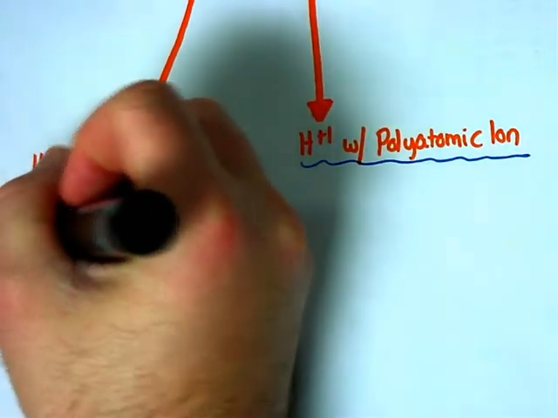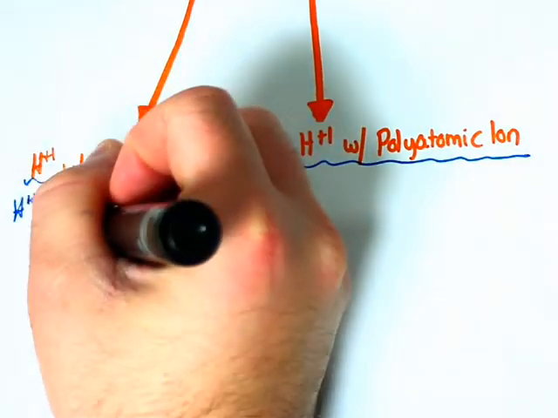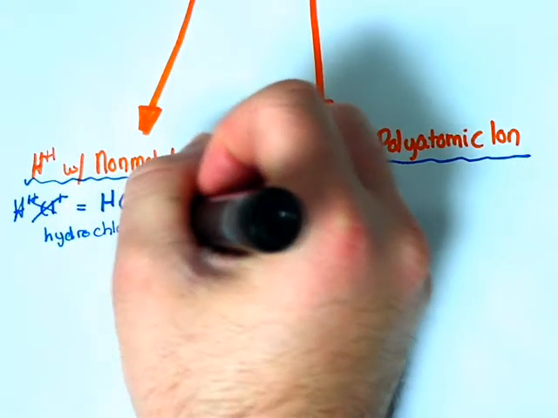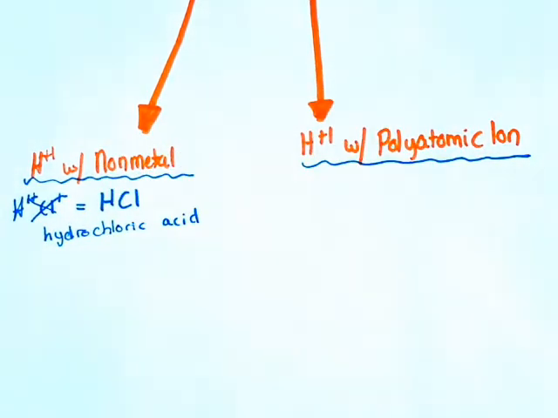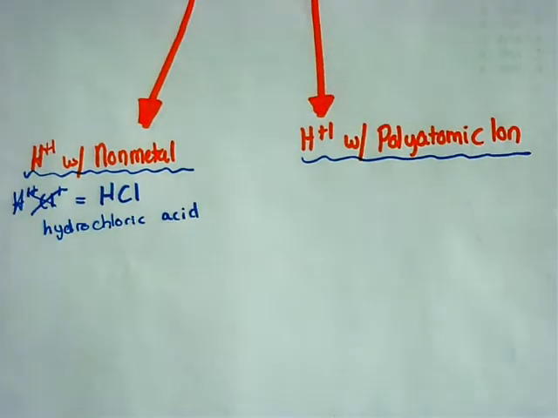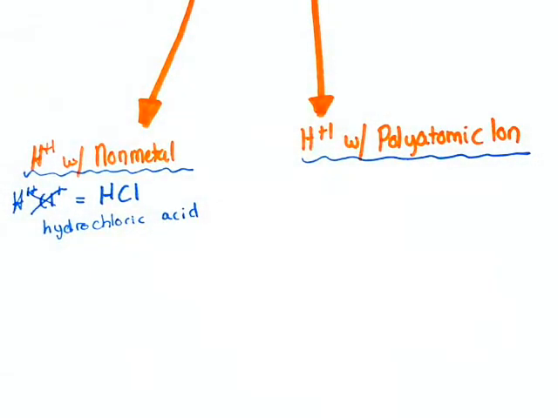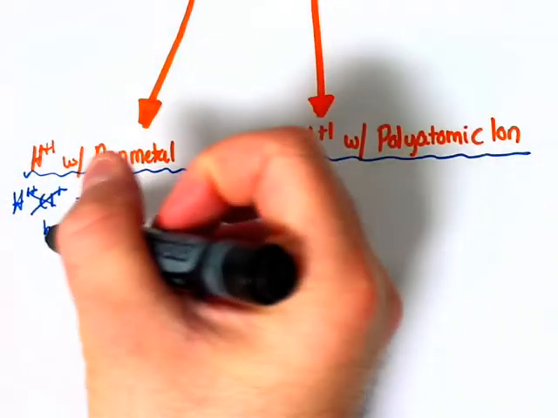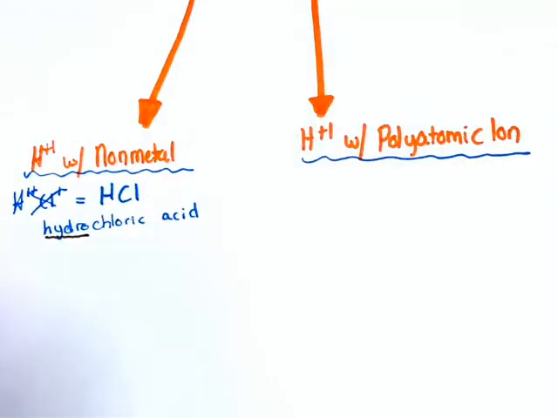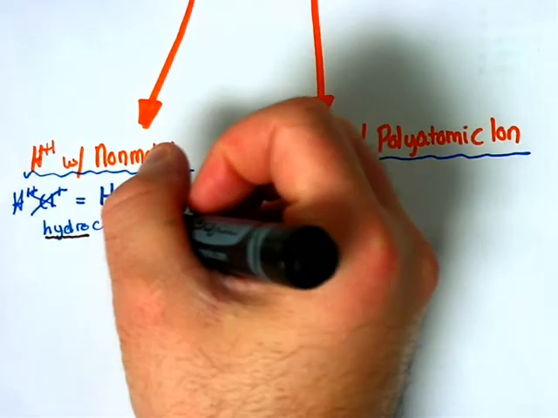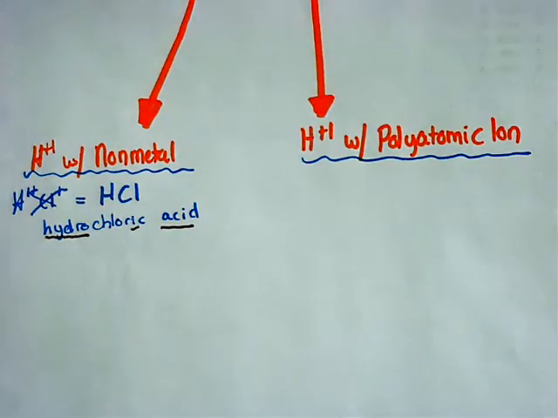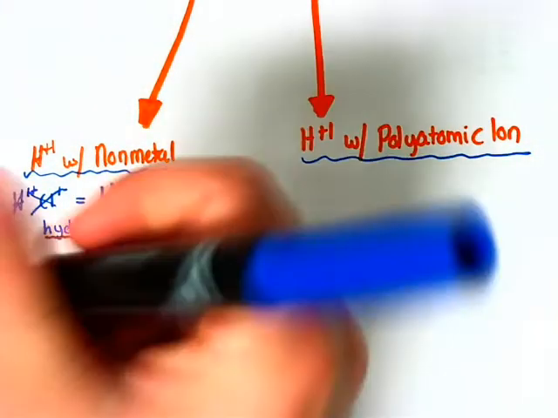So this would be hydrochloric acid. You'll see it's got that hydro prefix, correct? That hydro prefix means that it's going to be the H with just a lonely little nonmetal. Ic ending, acid. Cool?